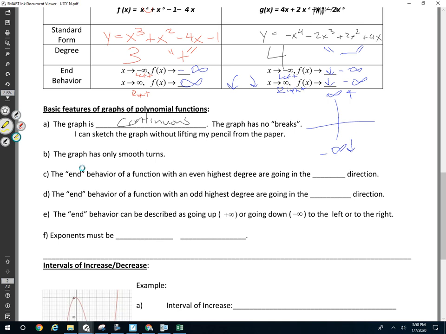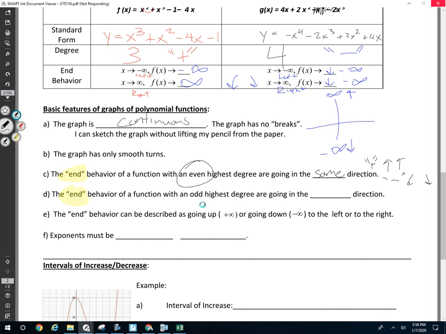The end behavior, which is what we're focused on, which is why we are bundling all of these polynomials together, of a function with an even highest degree are going in the same direction, either up and up if it's positive, or down and down if it's negative. Odd degree, opposite directions.